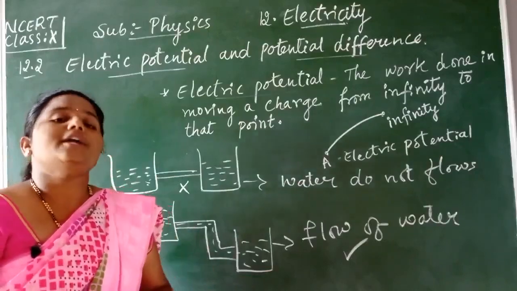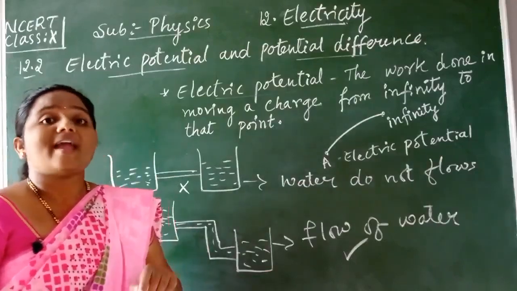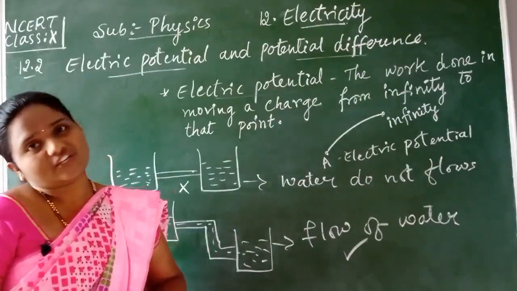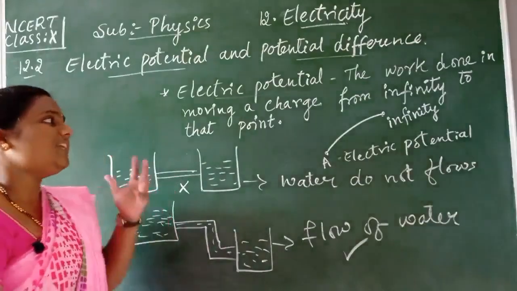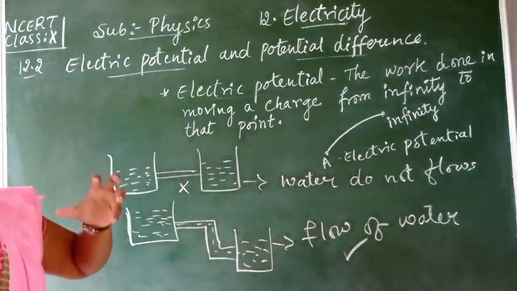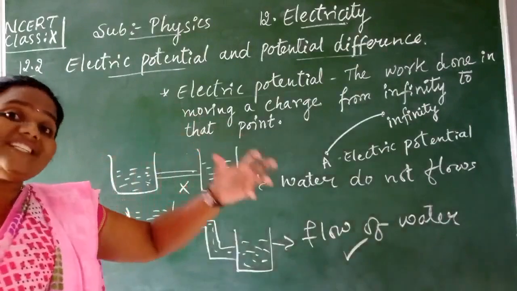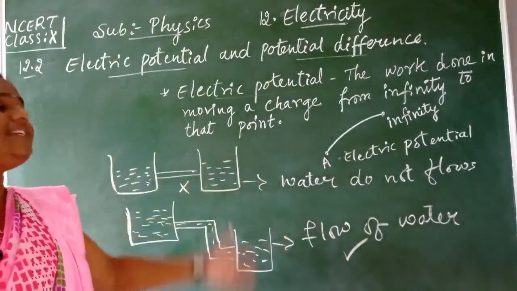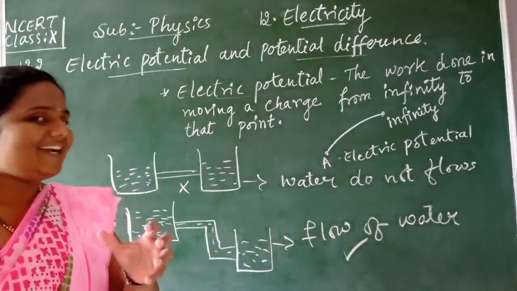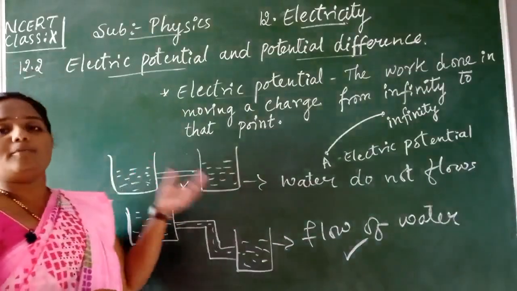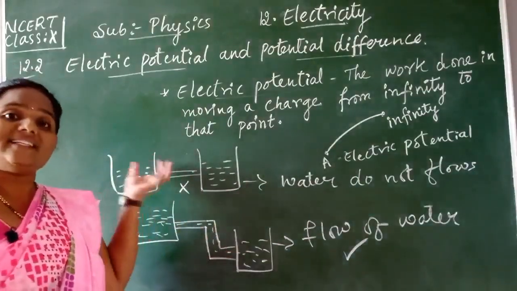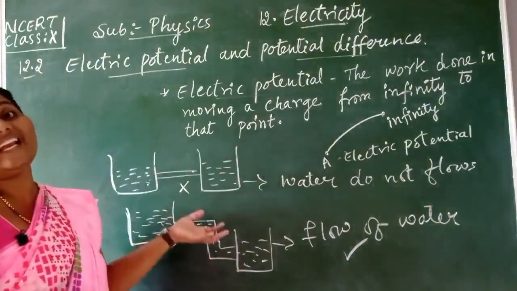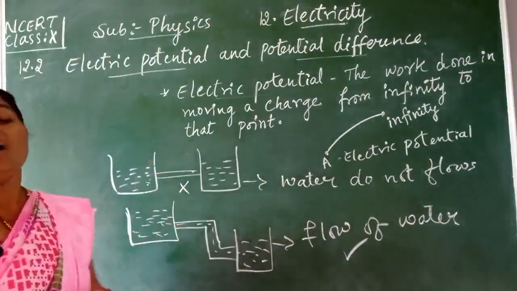So in order to make them flow, we have to create some potential difference. That is an electric pressure, the pressure which is generated in the cell, and it is called potential difference. Got it, children? Potential difference is a type of pressure which is created in the cell or a battery.